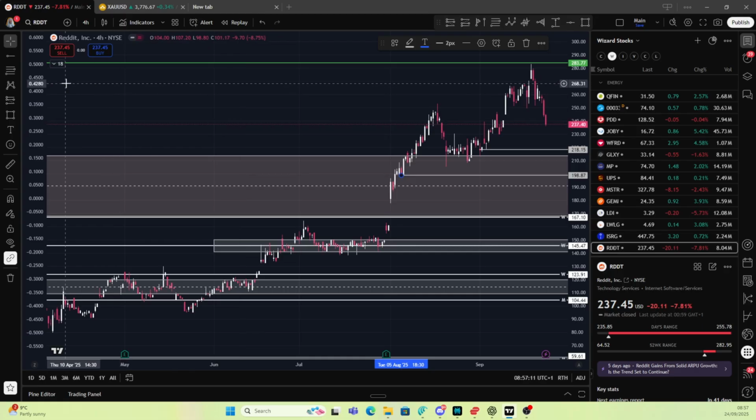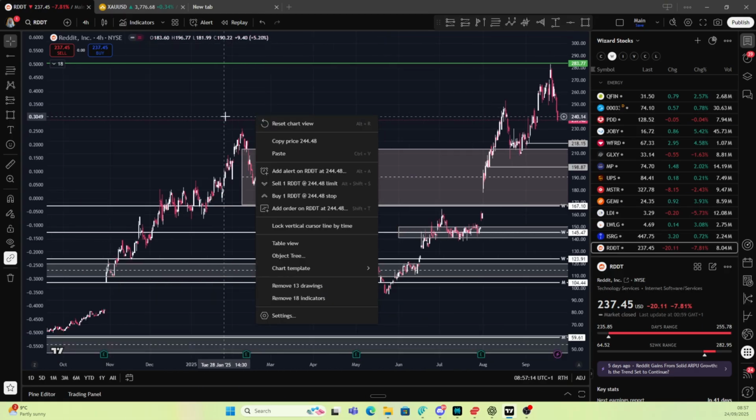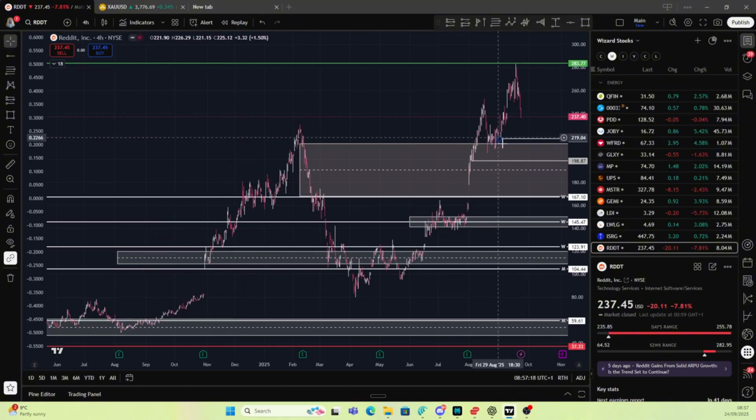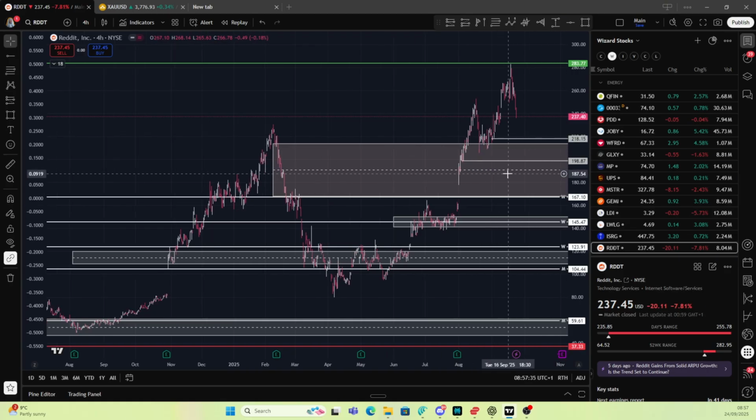Not one I would trade personally, but each to their own. I think if you're looking to build an entry down here in this zone is probably quite an interesting area, if not down here. But this zone here is one that I'd like to see a lot more price action in before I make a judgment on this one.